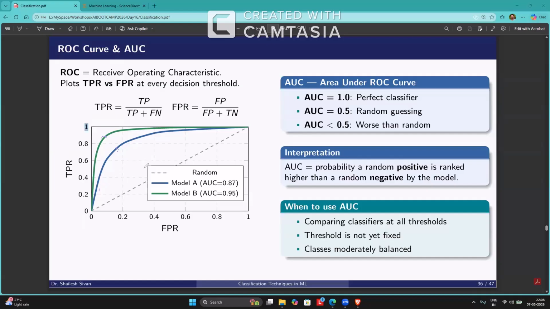So if you try multiple classifiers and plot the ROC AUC curve, the classifier giving the maximum AUC can be considered the best classifier. Is that clear?